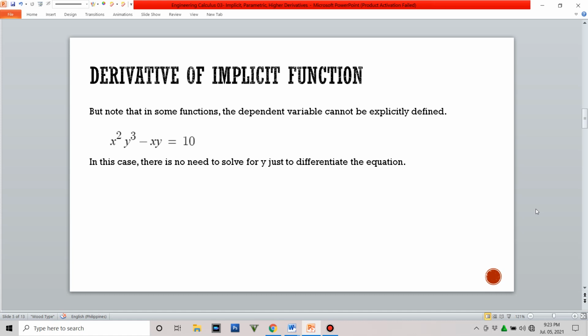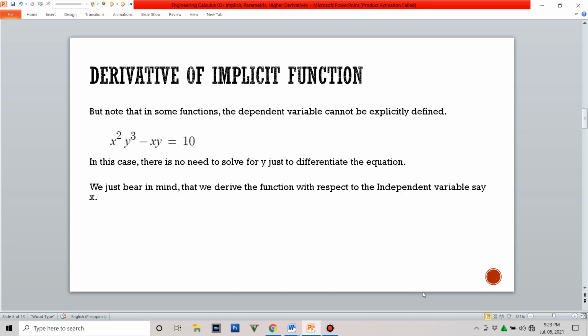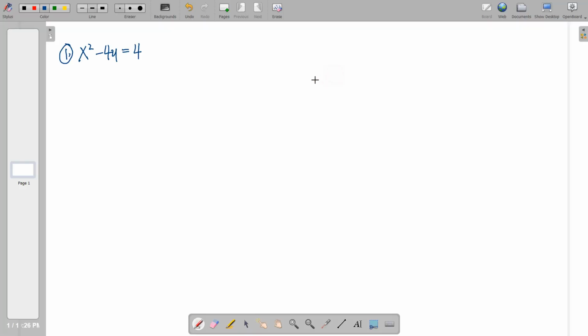But we must not worry about that, because in this case, there is no need to solve for y just to differentiate the equation. We will just bear in mind that we derive the function with respect to the independent variable, say x. Hence, we will just apply d over dx to both sides of the equation and then solve for dy over dx. We can further illustrate that through an example.